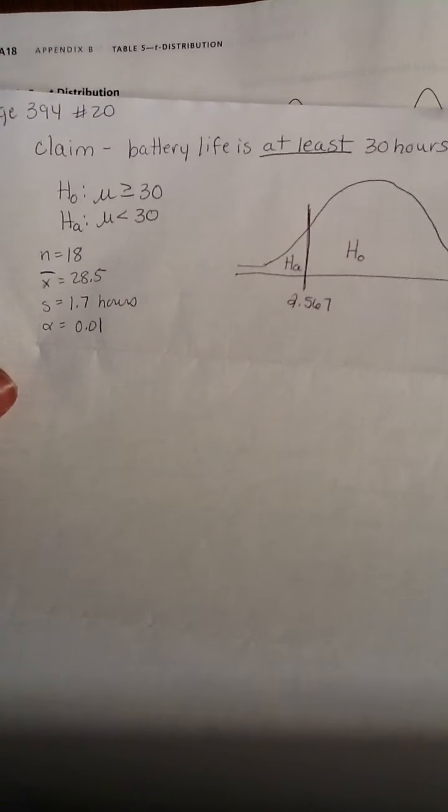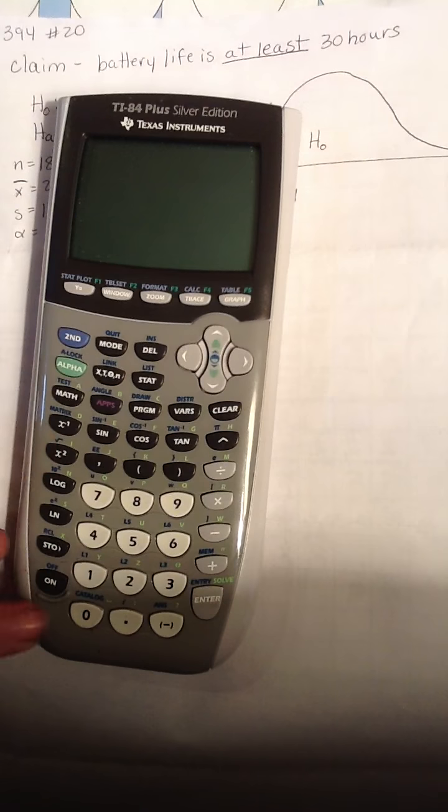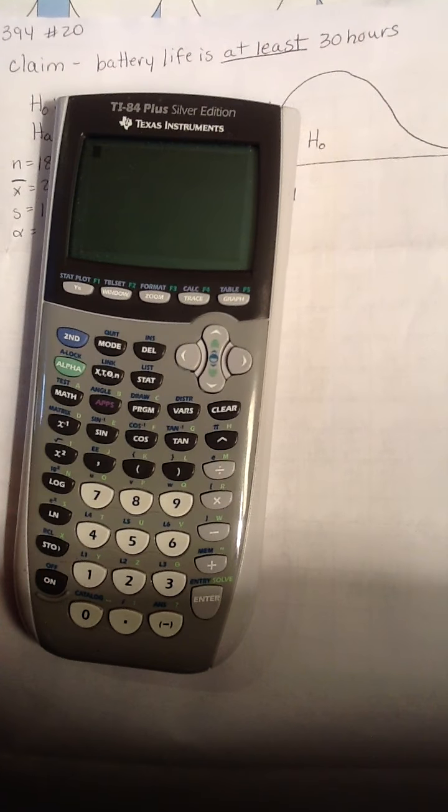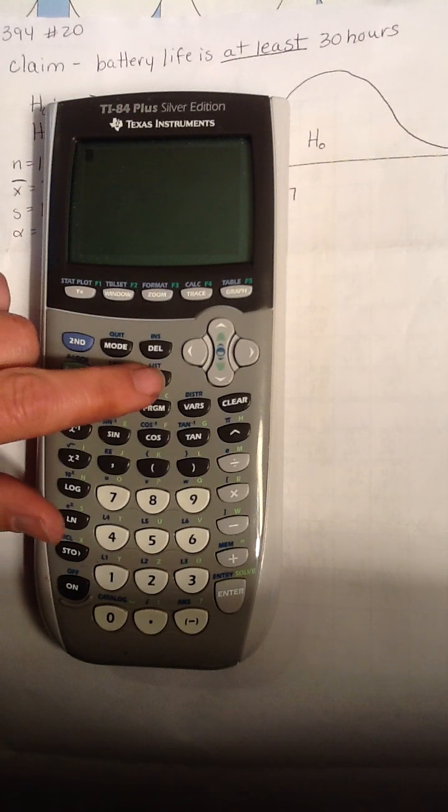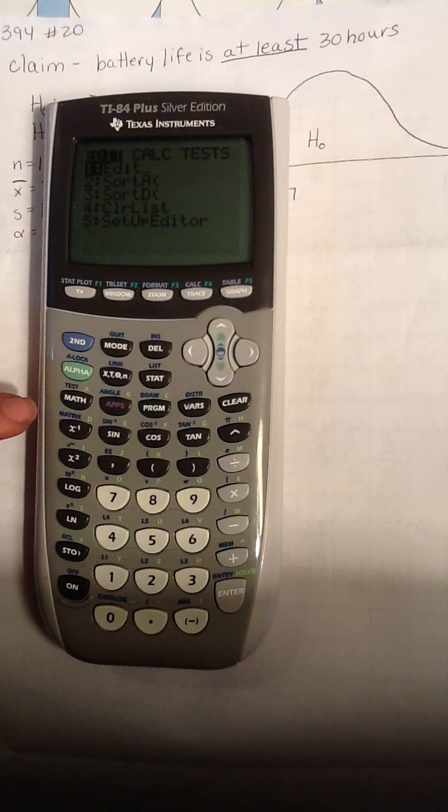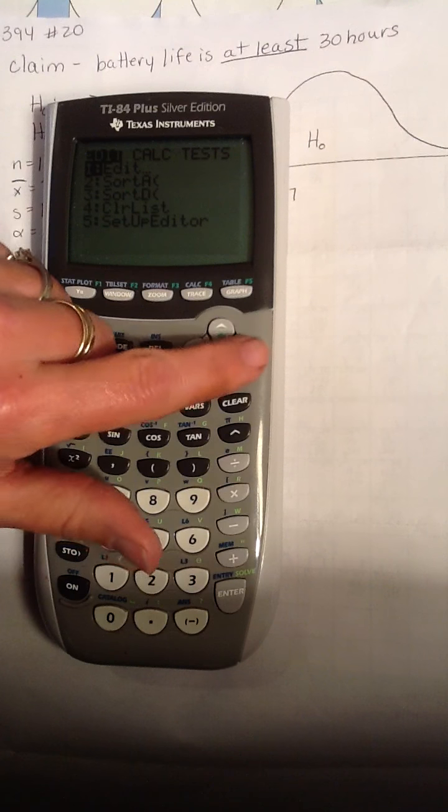Now I'm just going to show you how to put this in on your calculator. So you get your calculator out and you turn it on. This is going to be a t-test, so we are going to go to Stat and to Tests.